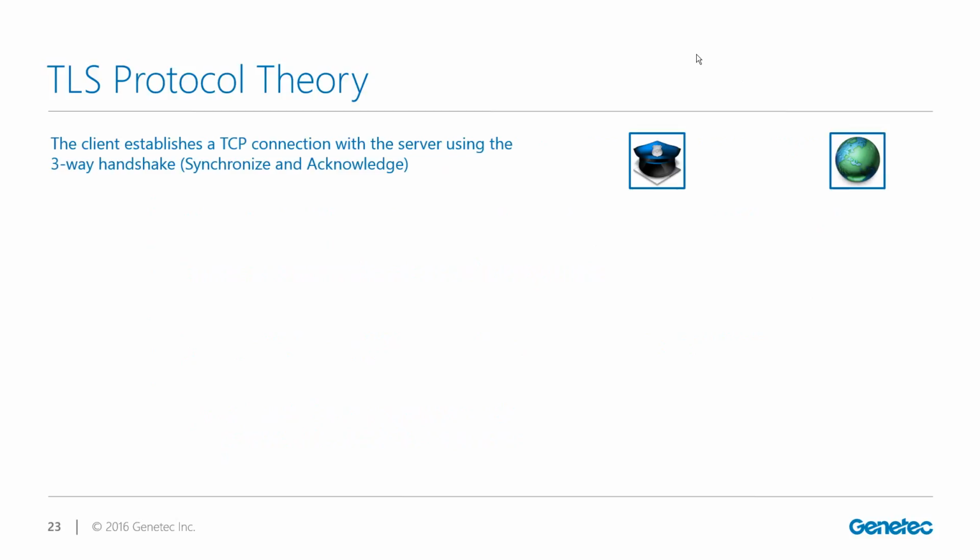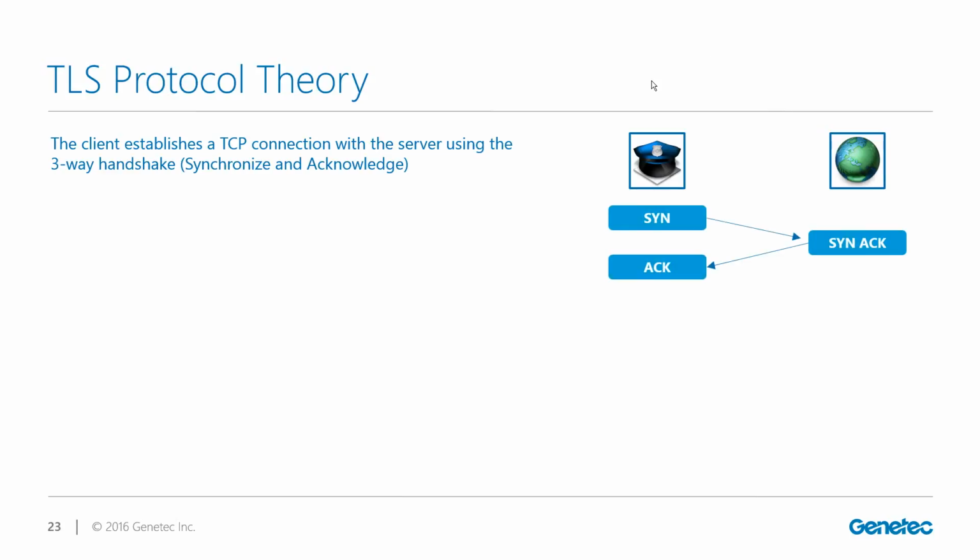Okay, so let's step through a quick example of what happens between a client and a directory when we're establishing this TLS connection. The first thing that happens here is the client establishes a TCP connection with the server, using a standard three-way TCP handshake with synchronize and acknowledge.